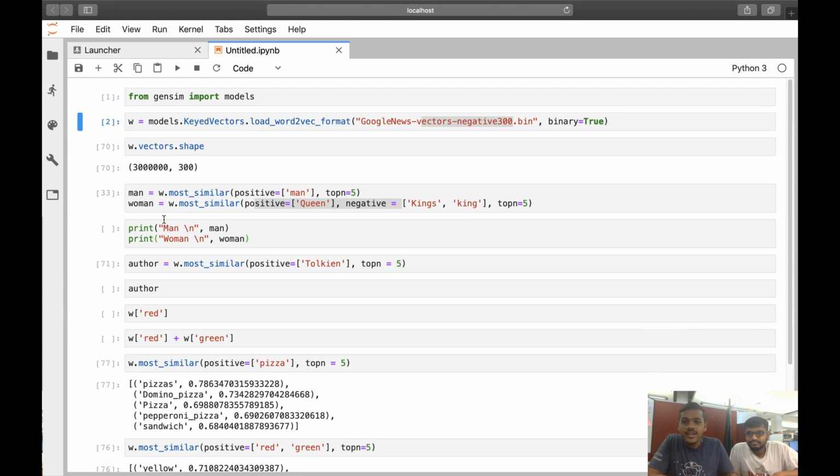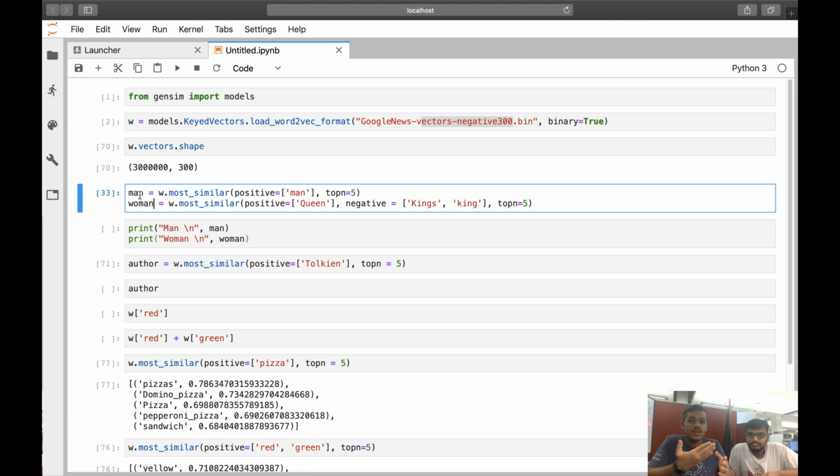And let us look at some of the examples that I have already coded. If you want to find out the most similar words with respect to man, and the most similar words with respect to queen but not with respect to kings and king, that's why we have a negative of kings and king, and we are only interested in the top 5 results.